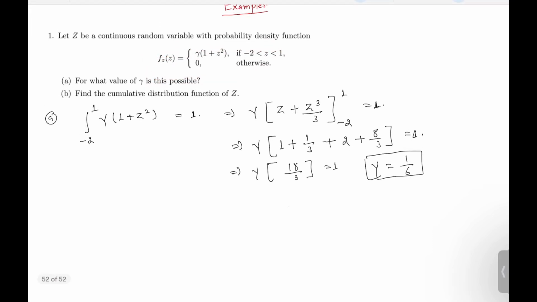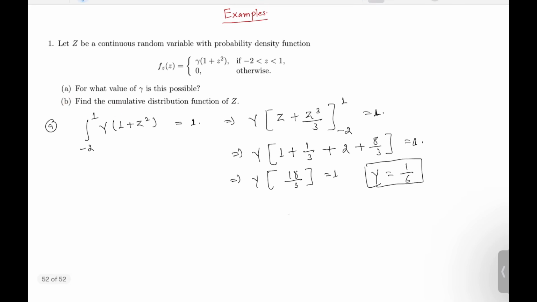Now we have this gamma, so we have the full specification of the probability density function. Once we have it, now we can find the cumulative distribution function. And what is this cumulative distribution function? It is nothing but the accumulated probabilities up to a certain point.